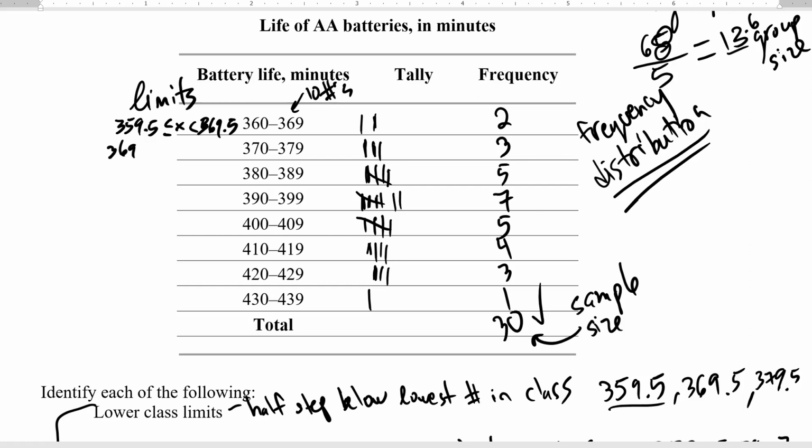This one is 369.5, included, up to but not including 379.5, so on and so forth. So the last one would be 429.5 up to 439.5, not including. Okay, so that would be how we would do those limits.